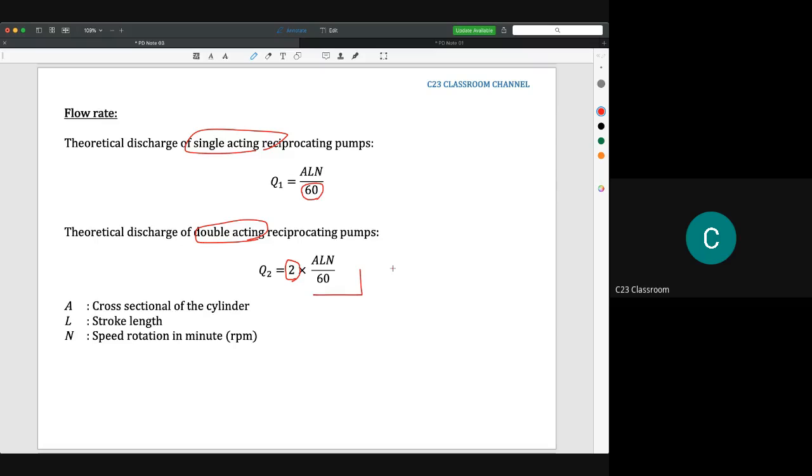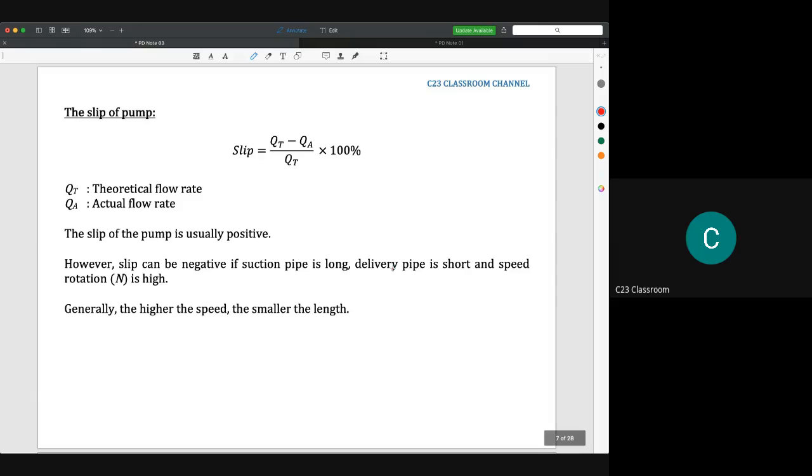The flow rate is the idea of how much volume is transferred in one second. For a gear pump and lobe pump, there is no specific equation to be used, because it depends on the design, how many teeth the gear has, how many lobes, and so on.